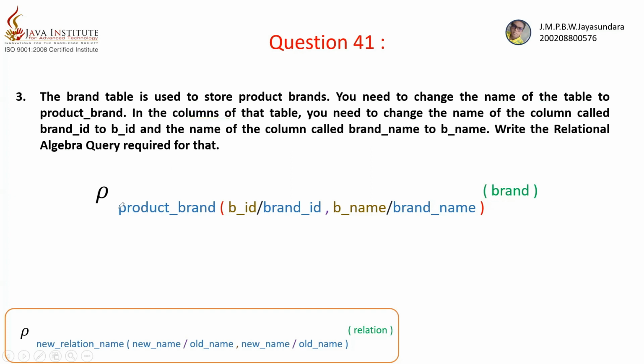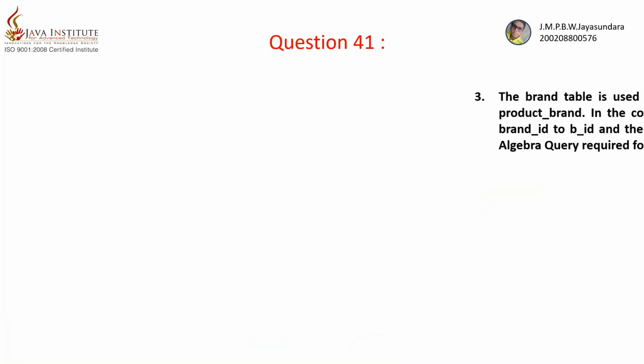So first we have used rho, then here we have given the new table name. After that we have inserted brackets, and within the brackets we give new names and old names for the columns. So this is our new column name, this is the old column name, again this is the new column name and this is the old column name. So this is the table that we are going to use.